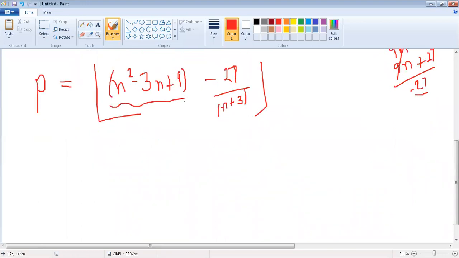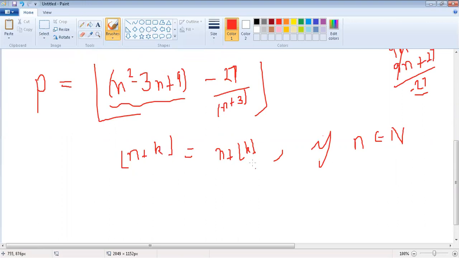Since this is an integer, and we have a property that GIF of n plus k equals n plus GIF of k if n belongs to naturals, that's what we are going to do here.